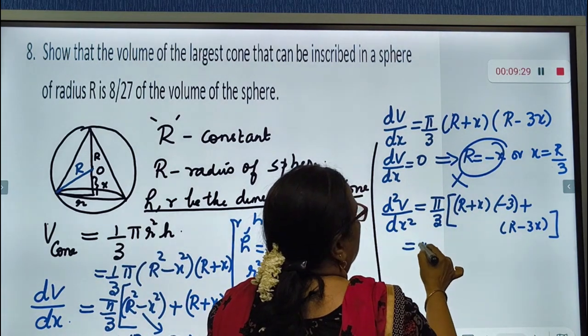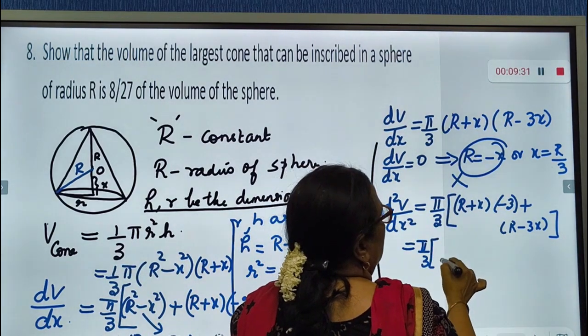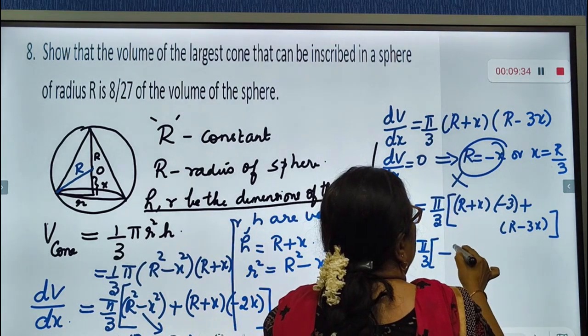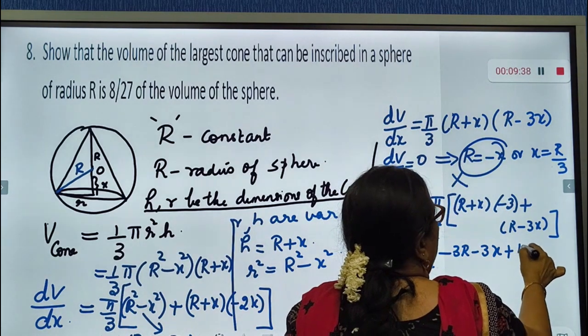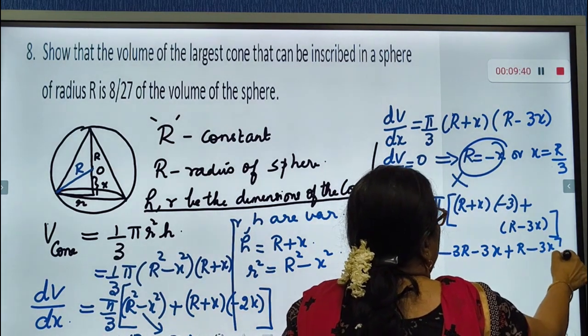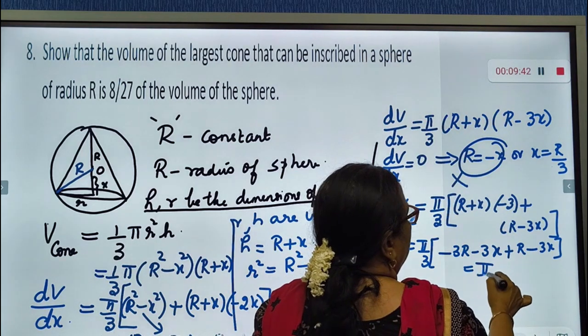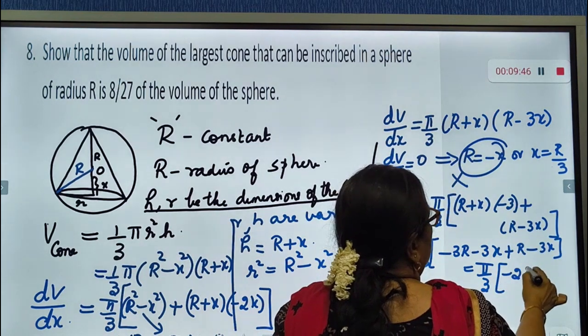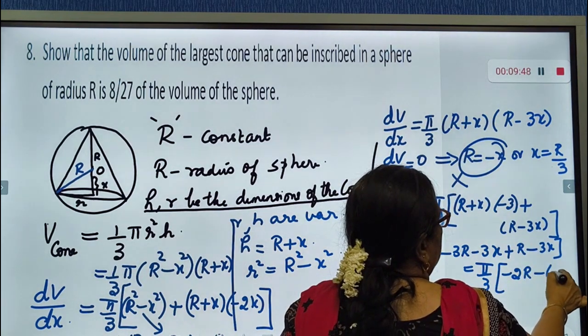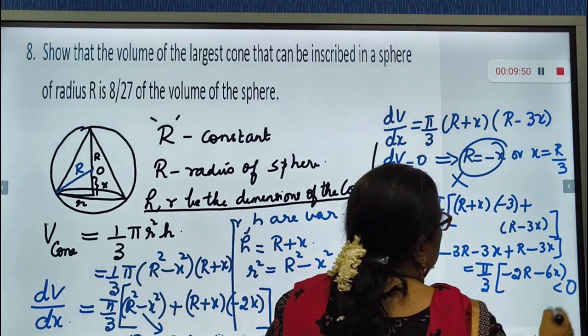So this is pi by 3 into minus 3r minus 3x plus r minus 3x. This is pi by 3 into minus 2r minus 6x, which is less than 0.